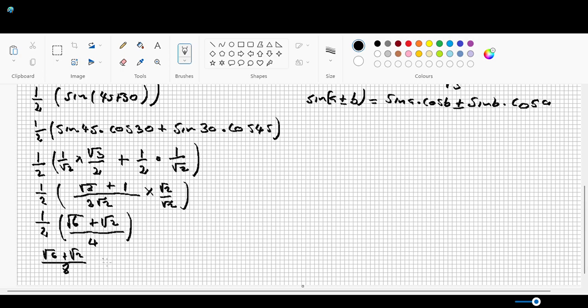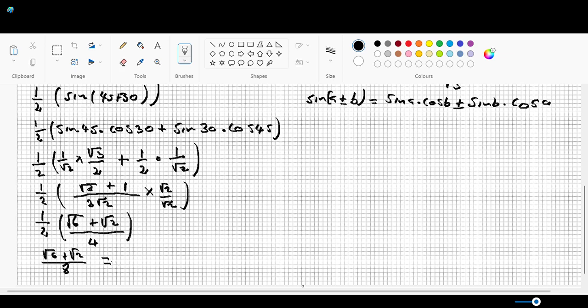Now when you put this on a calculator, I think you're going to get the following answer here. Let me just put it very quickly on a calculator, guys.